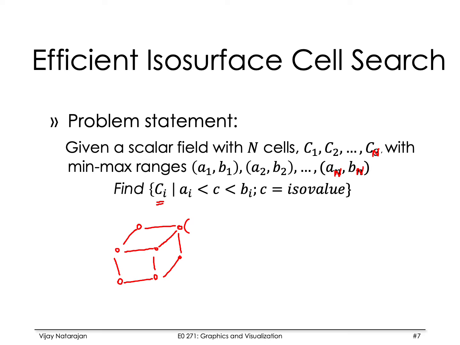So this cell, let's say, has 8 vertices, and this cell has a corresponding min-max range, which can be written as A sub I, B sub I. And we call this an isosurface cell if the iso value C lies within this interval A sub I, B sub I. So the question is, how do I find such intervals quickly?